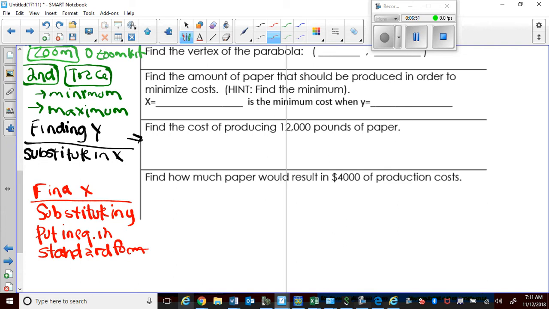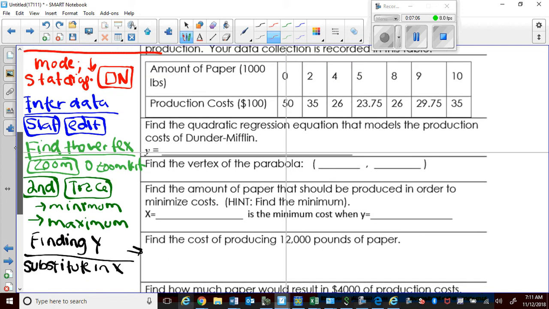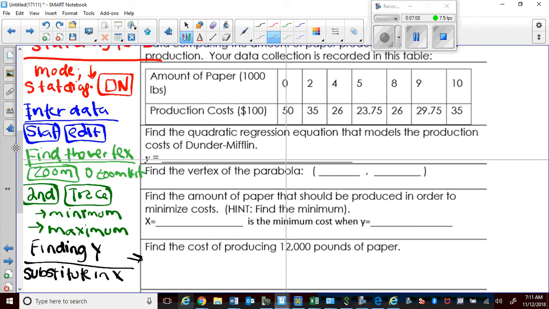And then we're going to use the quadratic formula to solve for x. Okay? So we're just going to go back through and do these things each time.